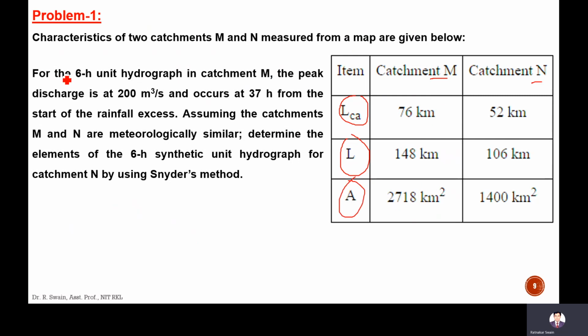For the 6-hour unit hydrograph in the catchment M, the peak discharge is 200 meter cube per second and occurs at 37 hours from the start of the rainfall excess. Assuming the catchments M and N are meteorologically similar, determine the elements of a 6-hour synthetic unit hydrograph for catchment N by using Snyder's method.